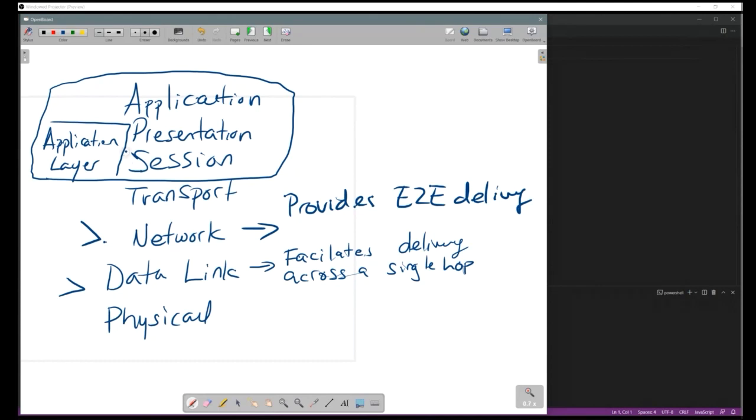The transport layer, for instance, makes sure that once you get to the correct machine that you're trying to communicate with, that computer might be running 100 different programs. So it ensures delivery to the correct program.